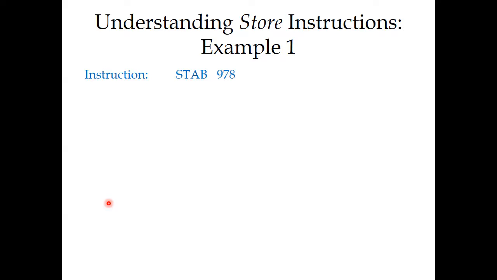Let's say we are given this instruction. Now the first question: you see an operand here, right? What is this operand? Is this an address or data? It's an address, right? How can I tell? Because the addressing mode is extended, right?